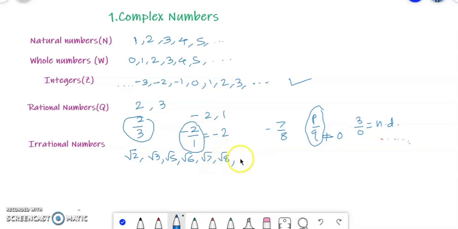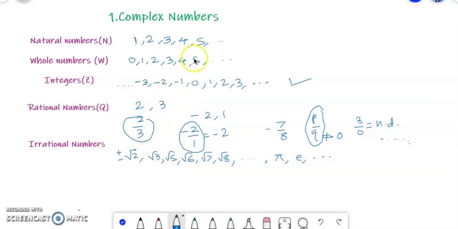Root 9 is 3, an integer. Root 10, etc. Besides these, we have seen a very special number pi, which is used many times in geometry. Then another number, which is e. This is something new to you, but this also is a special number like pi. These special numbers along with root 2, root 3, even minus root 2, plus or minus, all these numbers are irrational numbers.